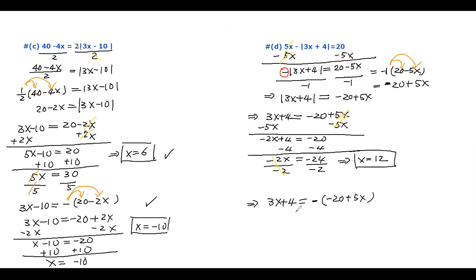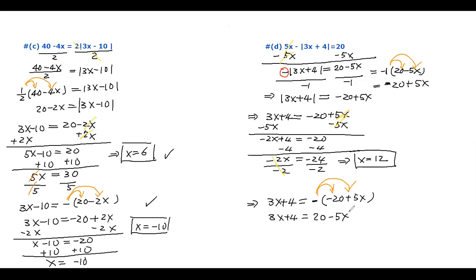Okay, now let's take a look at the other one. This is 3x plus 4. And when we add a negative in front, don't forget the distributive rule, right? So negative times negative is positive 5x.